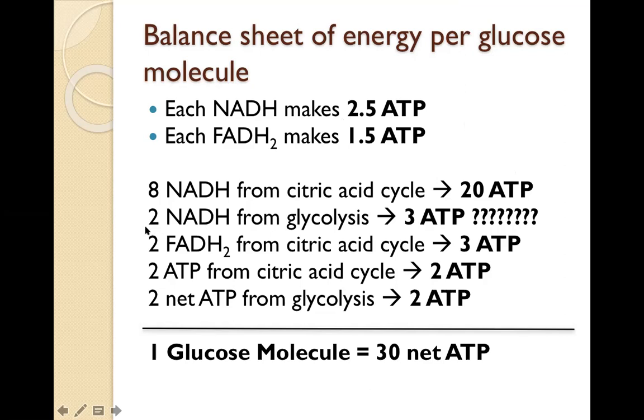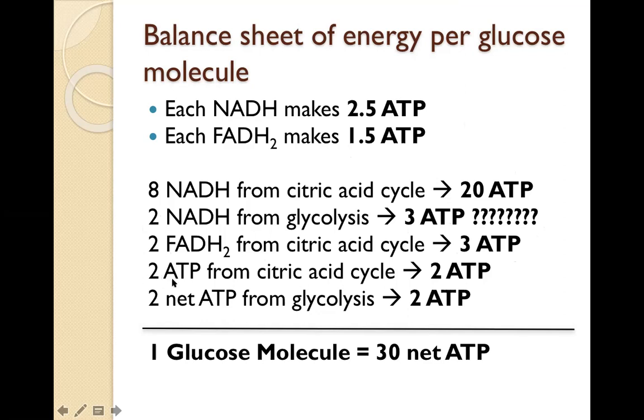Interestingly enough, those 2 NADH from glycolysis only produced 3 ATP. And so I put a bunch of question marks there as to why it seems like it's only 1.5 ATP for these NADH molecules. For every FADH2, there's 1.5 ATP that's made. So 2 FADH2 molecules, you get 3 ATP.